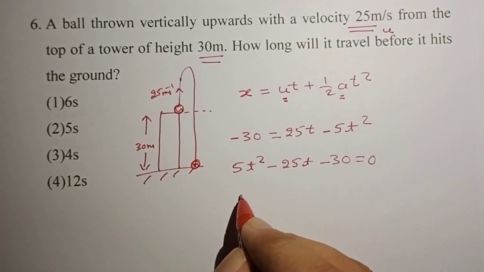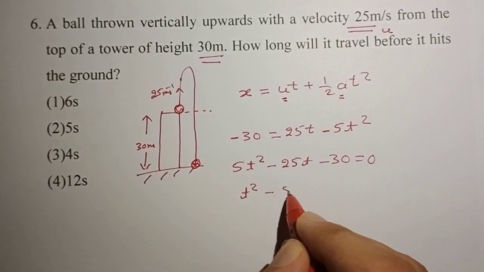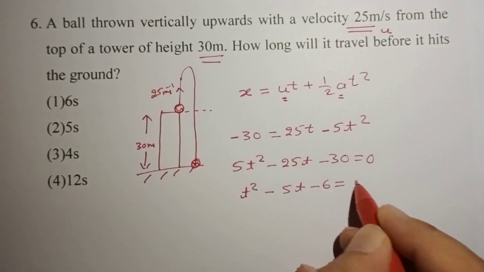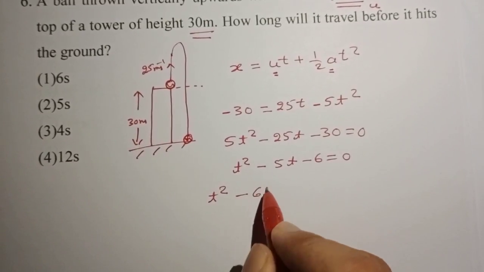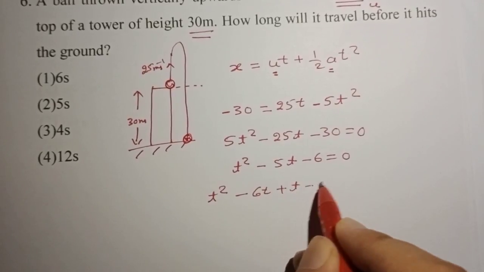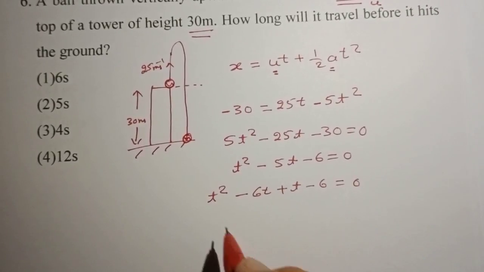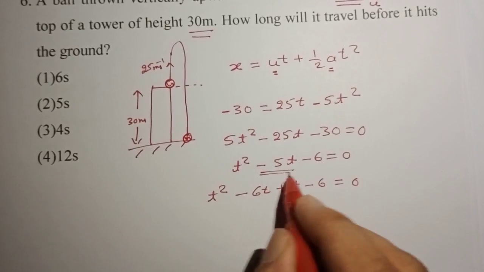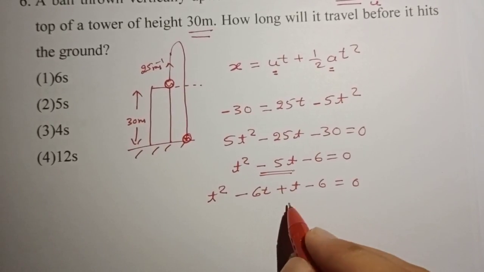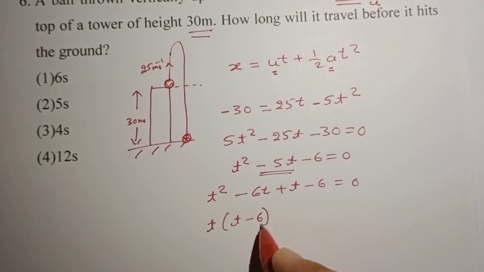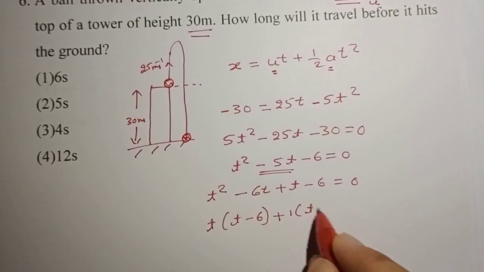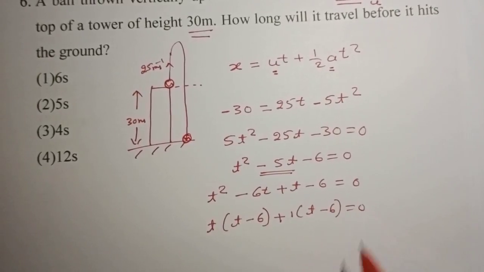So what happens? 5t square minus 25t minus 30 is equal to 0. I'll divide the entire equation by 5. Then t square minus 5t minus 6 is equal to 0. t square minus 6t plus t minus 6 is equal to 0. I have written minus 5t as minus 6t plus t. Here I'll take t out: t into t minus 6, plus 1 into t minus 6, is equal to 0.